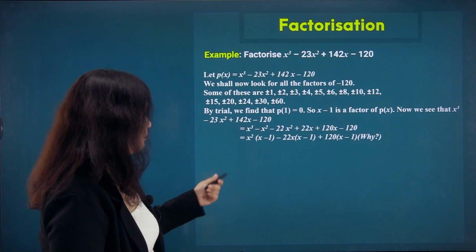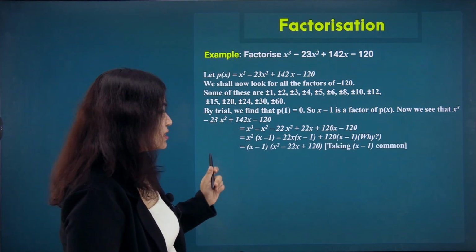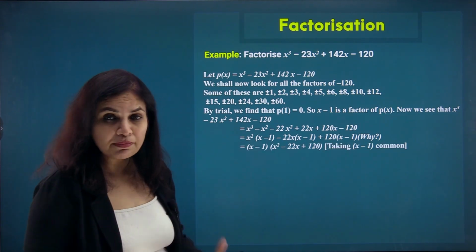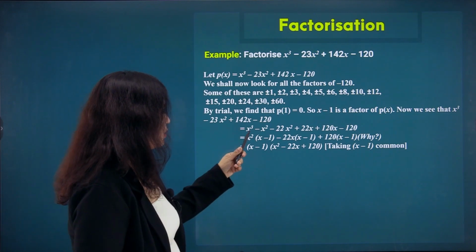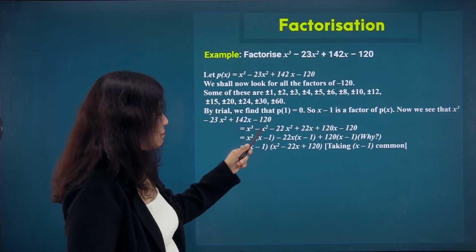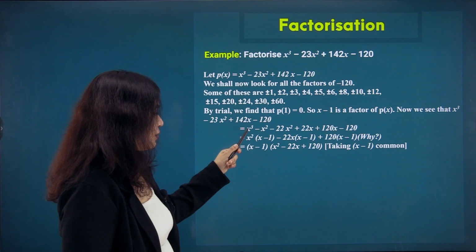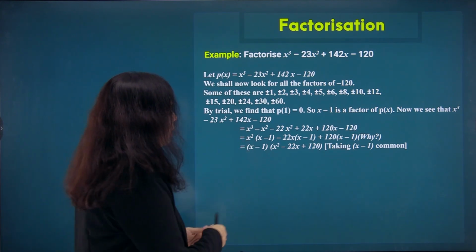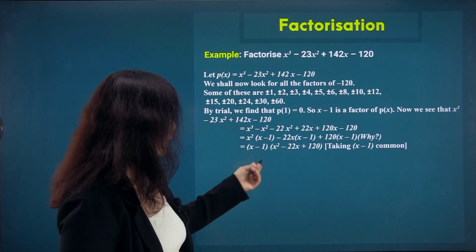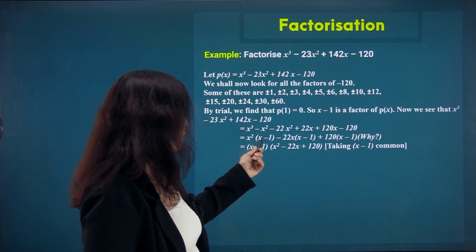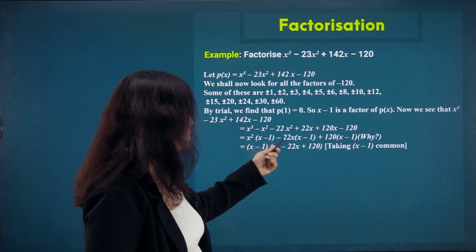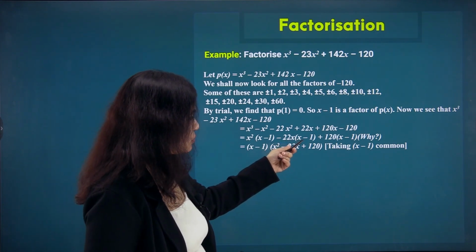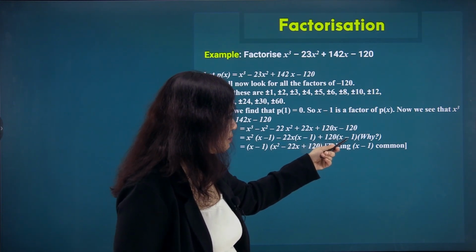So, dividing the given polynomial by x minus 1 will definitely give me the other factor. If I divide this by x minus 1, or simply in place of x cube, if I write x square into x minus 1, and if I split up, what do I get? X square into x minus 1 minus 22 into x minus 1 plus 120 into x minus 1.